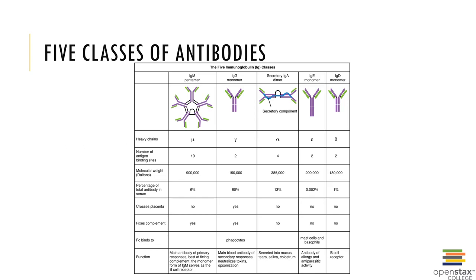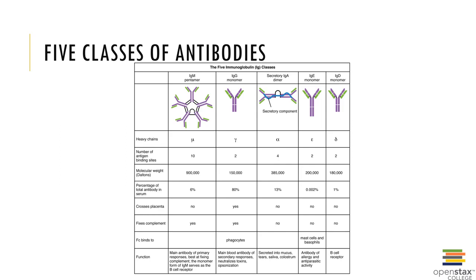IgE is a monomer that attaches as an individual molecule to the exposed surface of basophils and mast cells, which initiate the inflammatory response via histamine and heparin. IgG accounts for 80% of all antibodies.